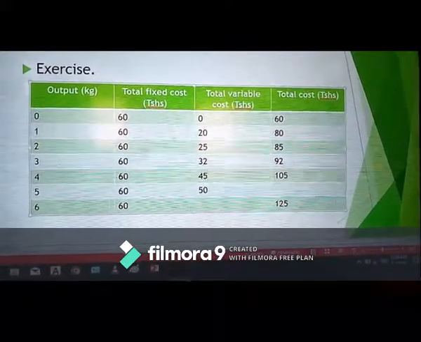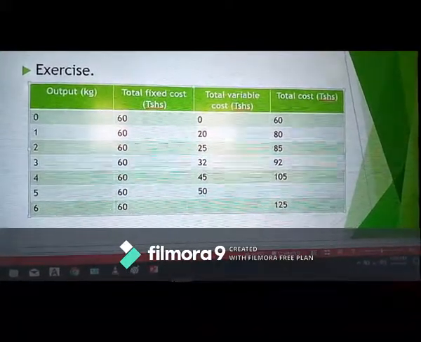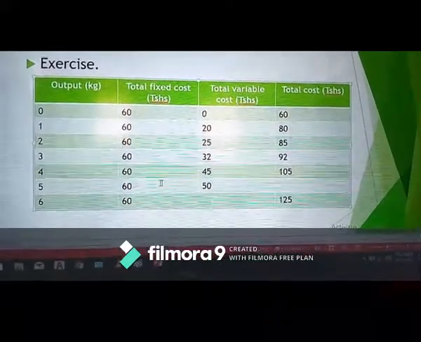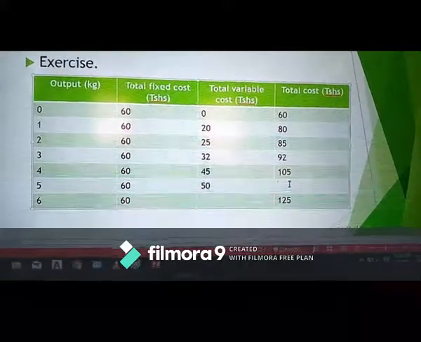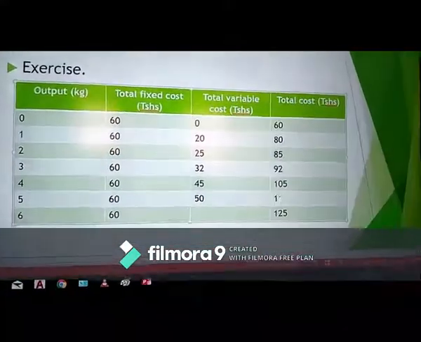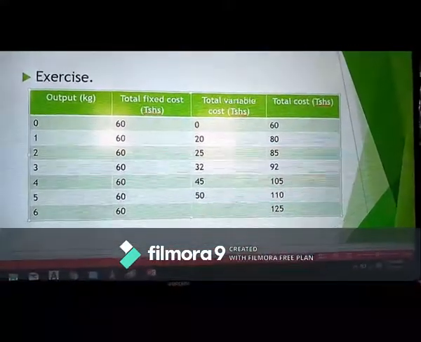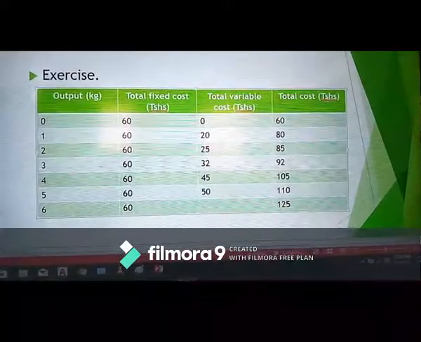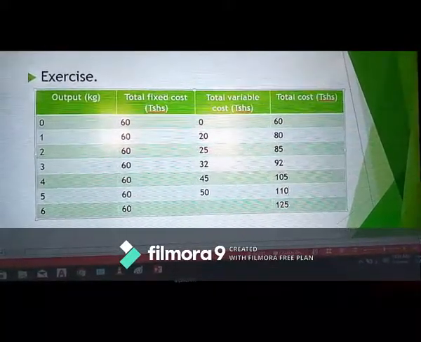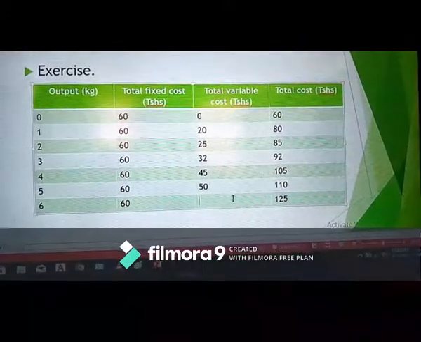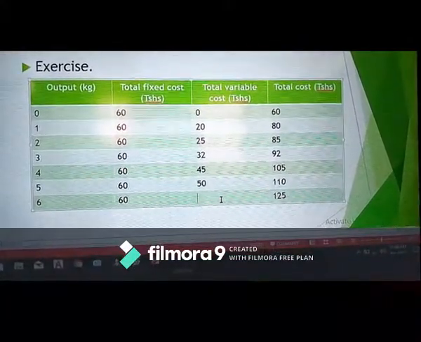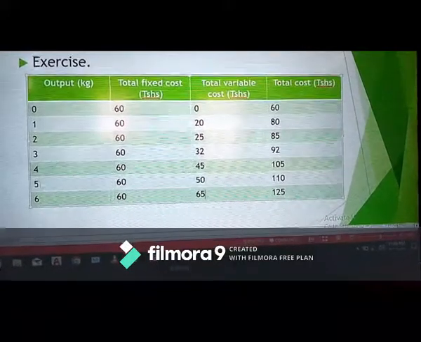And at level number 6, which is 5 kilograms, we take this 60 plus this 50, and our answer will be 110. And the last will be 125. We don't have a variable cost, so we take this total cost minus total fixed cost, and our answer will be equal to 65.